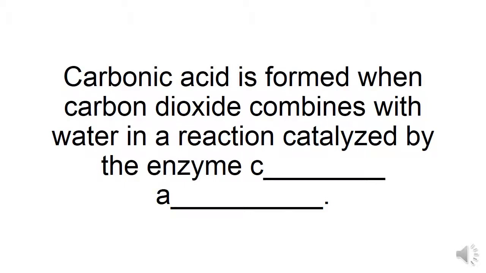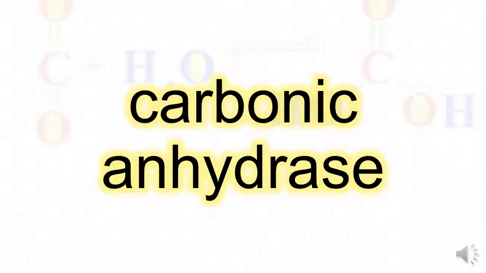Carbonic acid is formed when carbon dioxide combines with water in a reaction catalyzed by the enzyme C blank A blank. So what is the name of that enzyme? That would be carbonic anhydrase.